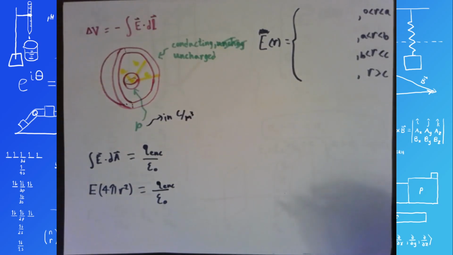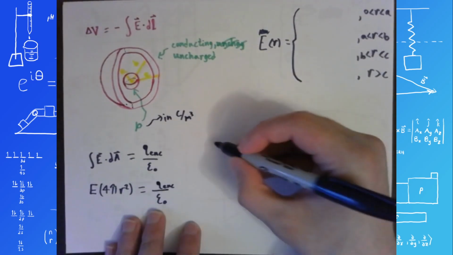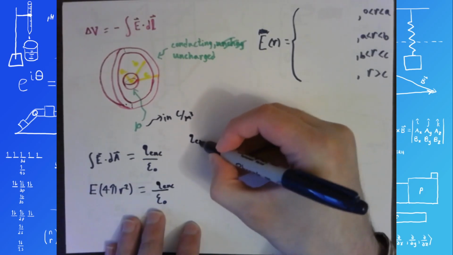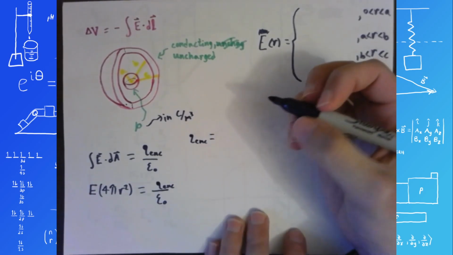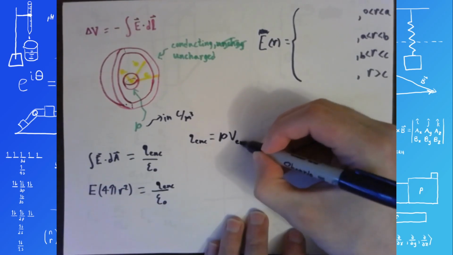So to figure out how many coulombs of charge we have in there, we multiply by the number of cubic meters. So that's going to be Q enclosed equals rho times volume enclosed.